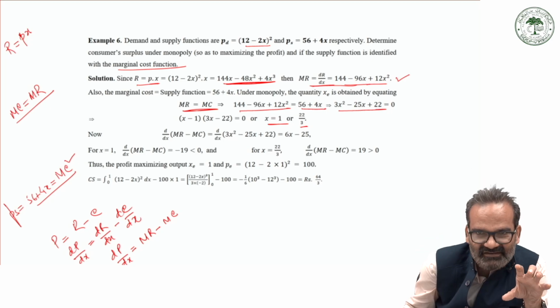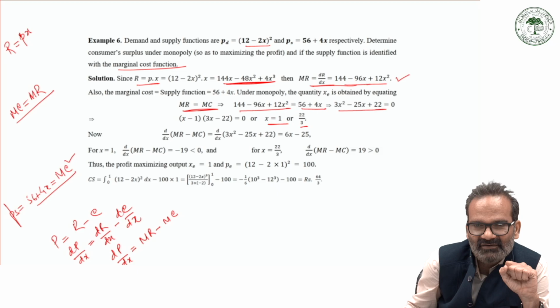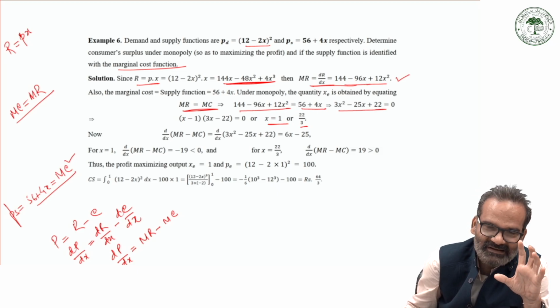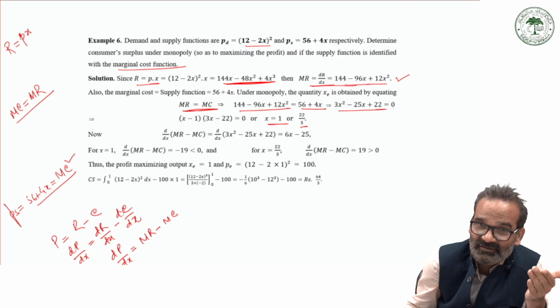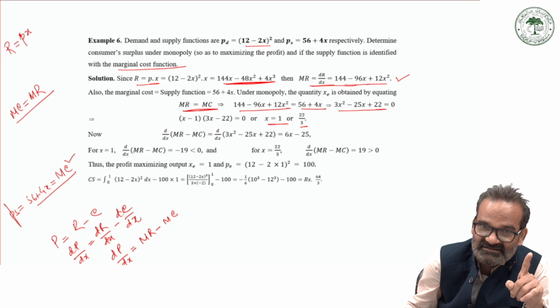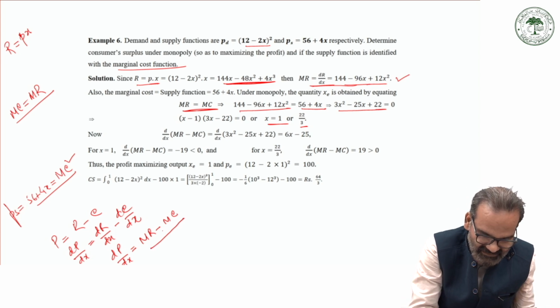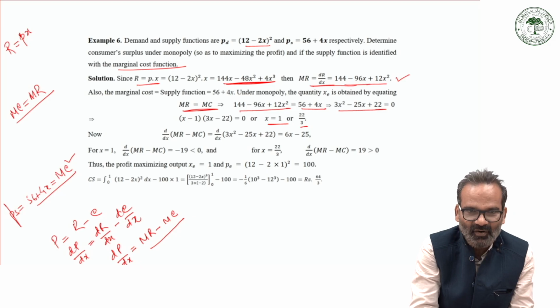So to check whether x is equal to 1 or x is equal to 22 by 3 will give you the maximum profit, you know from the condition of maxima and minima, the second derivative of the profit should be negative. That value of x will maximize the profit. So look here, MR minus MC is the first derivative of the profit function.